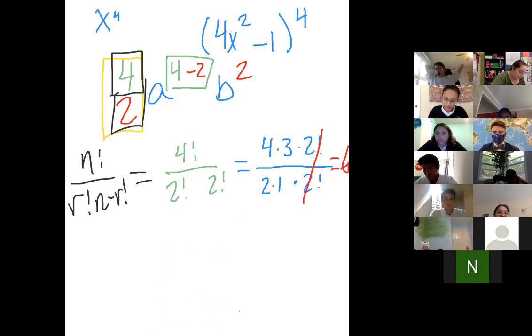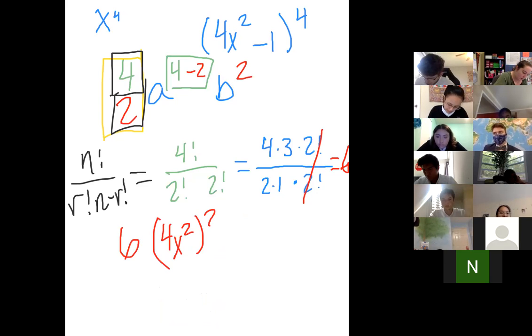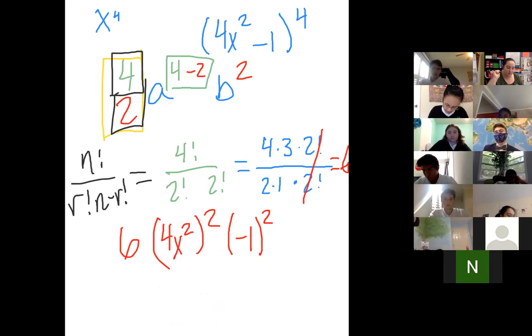Okay, but we're not quite done yet because we still have to plug everything in. So we have 6 times (4x squared) times (-1) squared. Does everybody understand how I got those things?